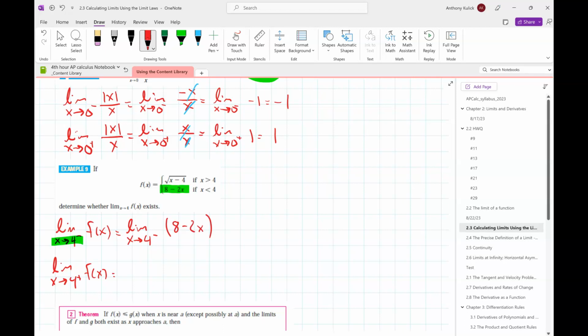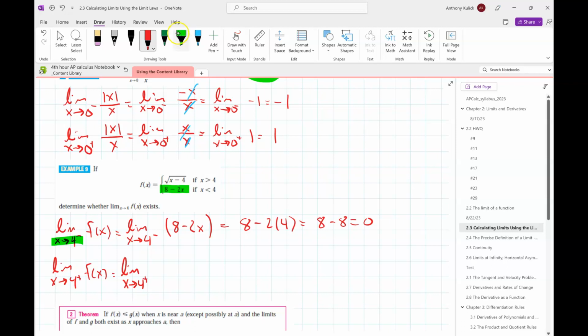Can I do direct substitution on this now? Yes, because it's a polynomial. Everybody feel good? Now let's do the next one.